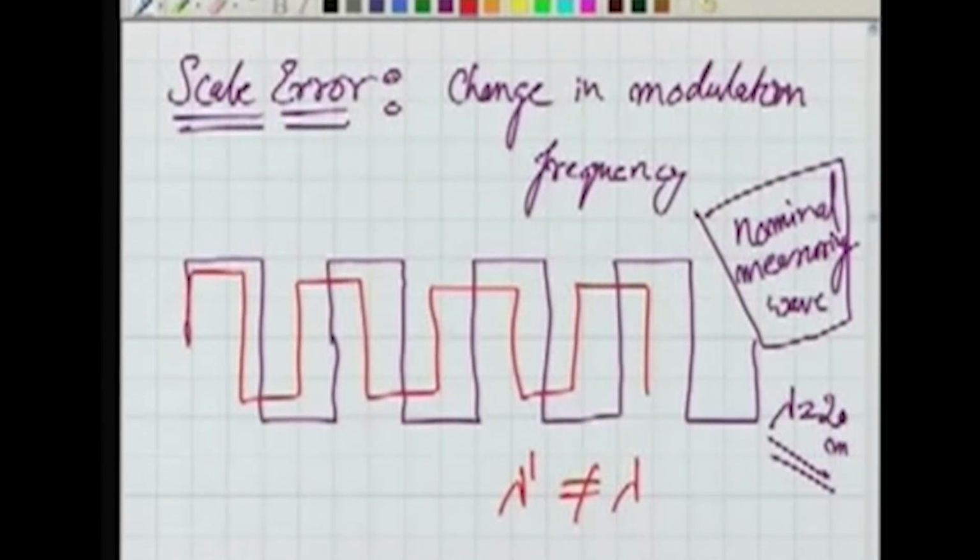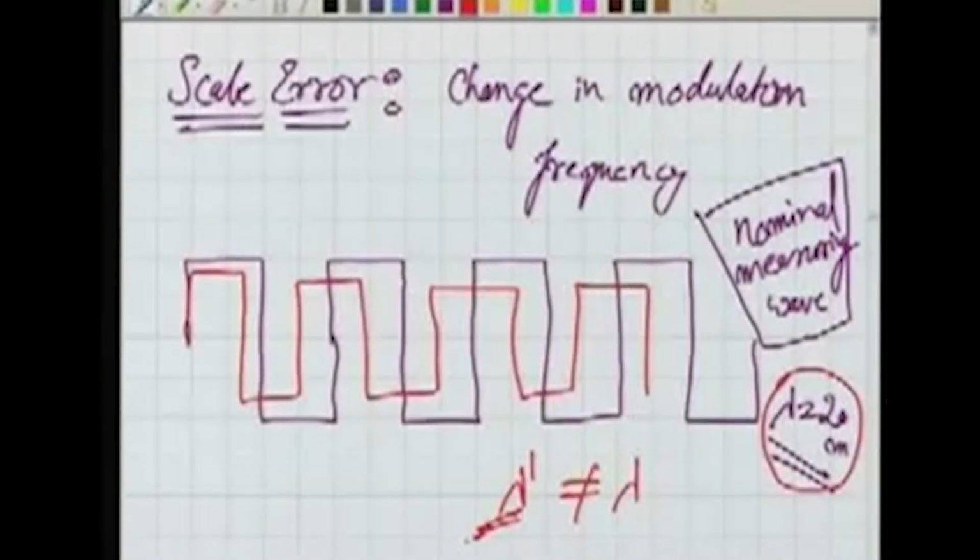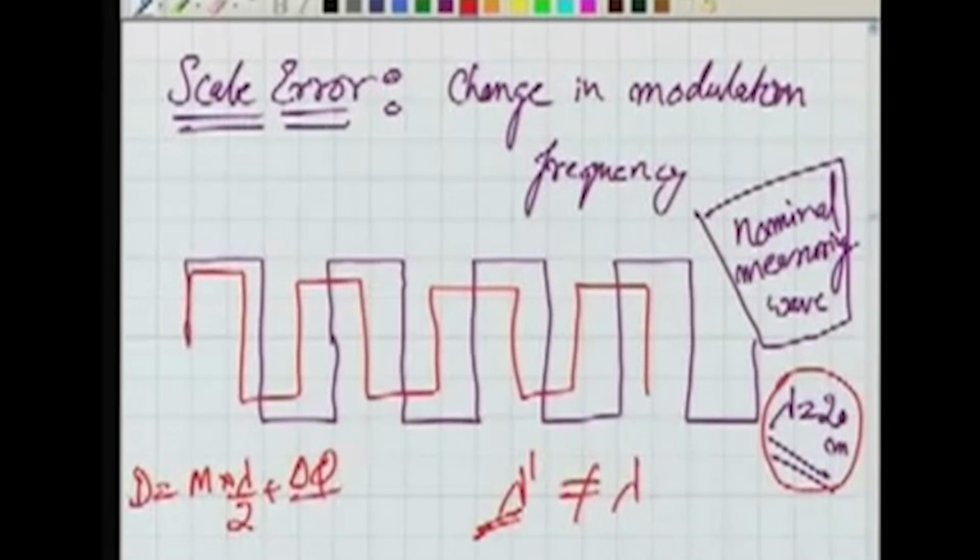Now what will happen because of this? In our computations, we are using lambda because the instrument thinks I am firing this particular lambda equal to 20 meter. But because of some instrument problems, this happens when the temperature is high and the instrument develops some problem, the modulation frequency will change. So in those cases, the instrument is actually firing lambda dash. In our basic equation, D is m lambda by 2 plus delta phi.